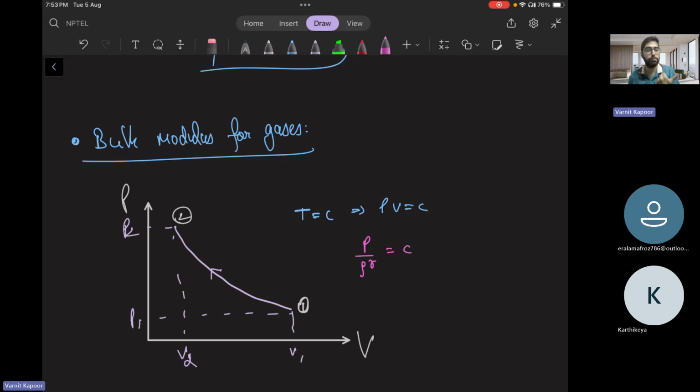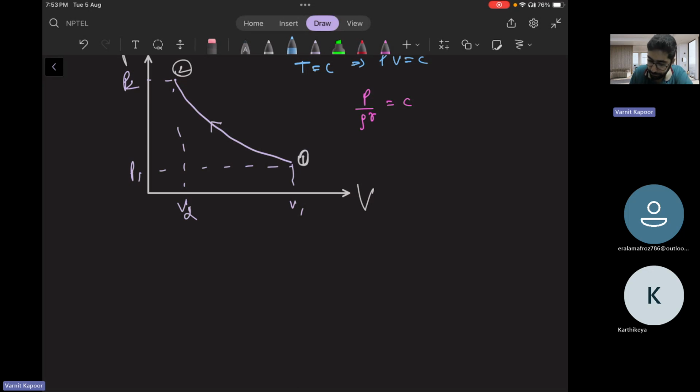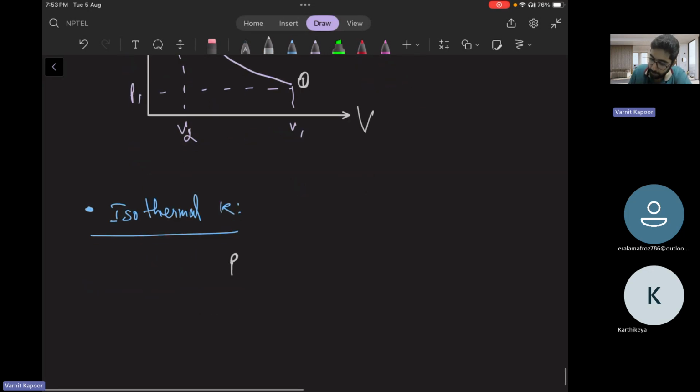One is the isothermal bulk modulus for these gases, or the adiabatic bulk modulus. Two relations will be there. Isothermal bulk modulus, isothermal K. We know that P is equal to rho RT.